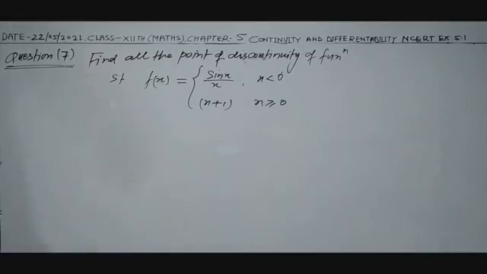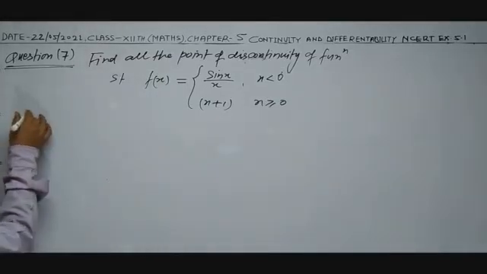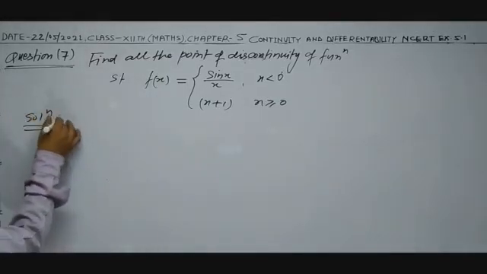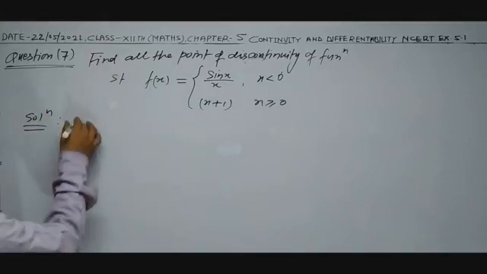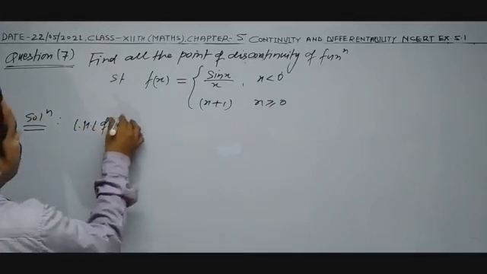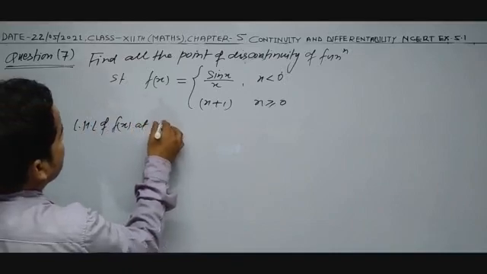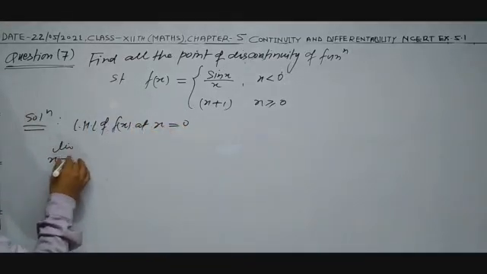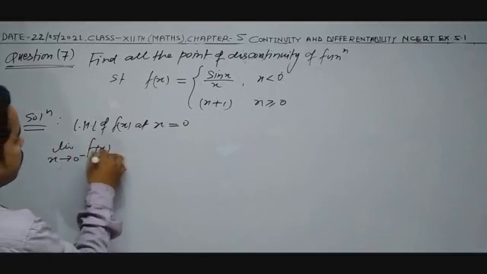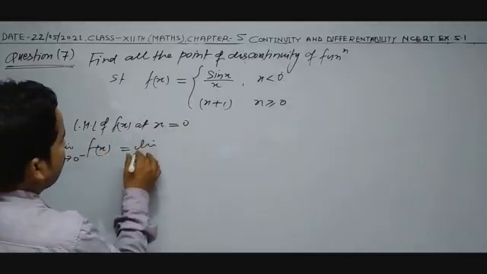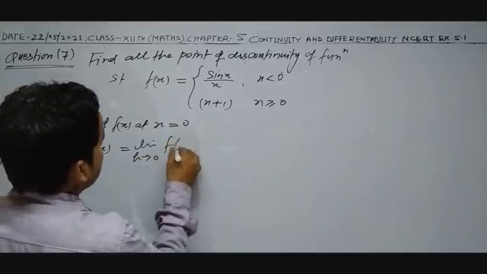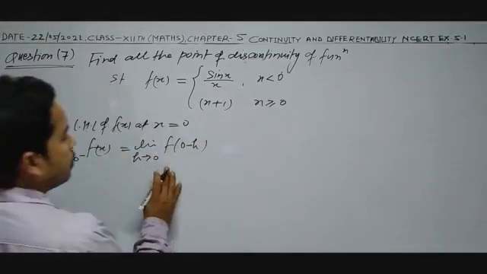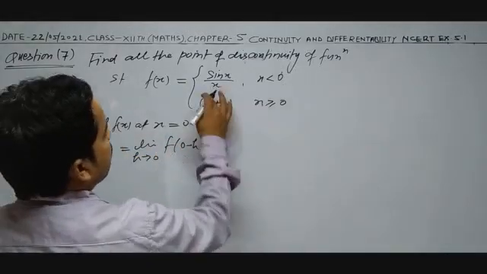See, the given function is here. Solution: LHL of f(x) at x is equal to 0. Limit x tends to 0 minus f(x) is equal to limit h tends to 0 f(0 minus h), and this will be less than 0.